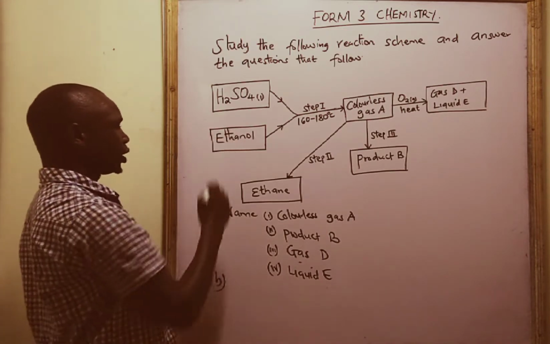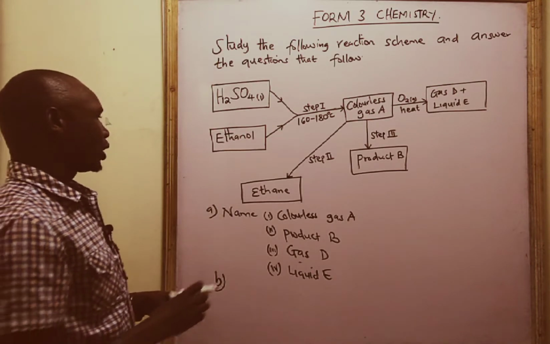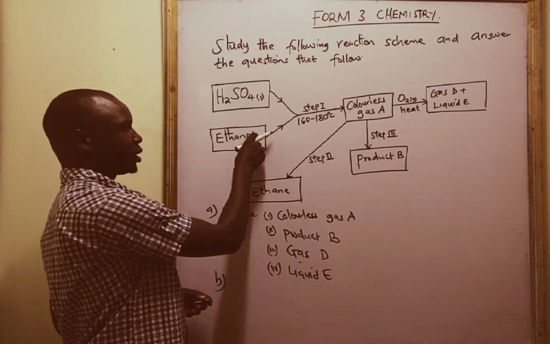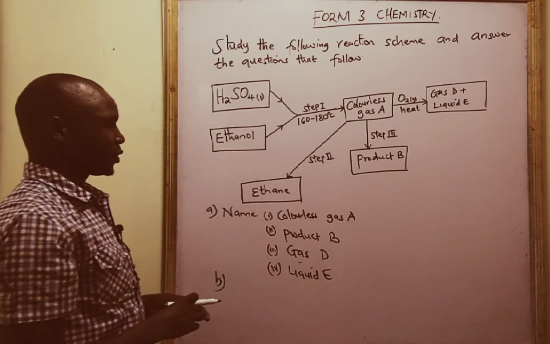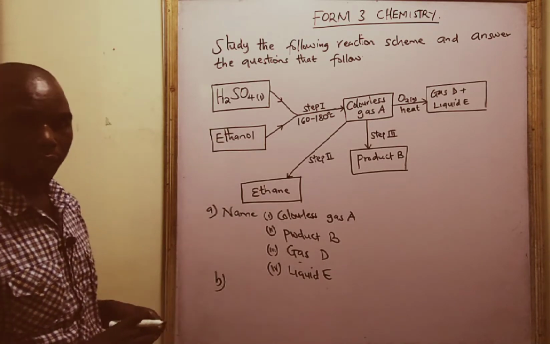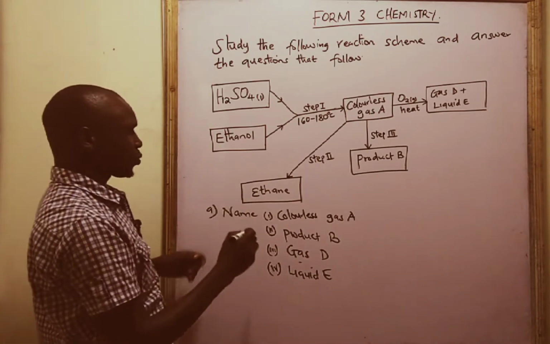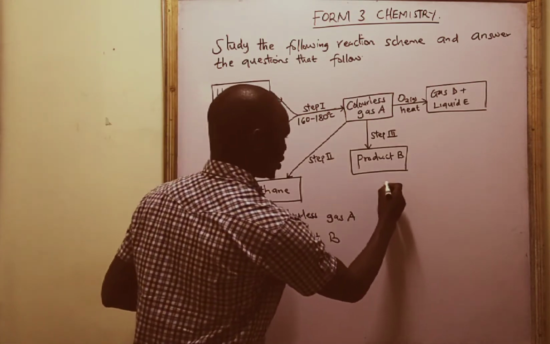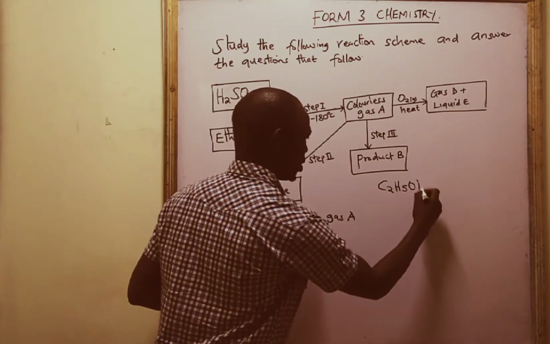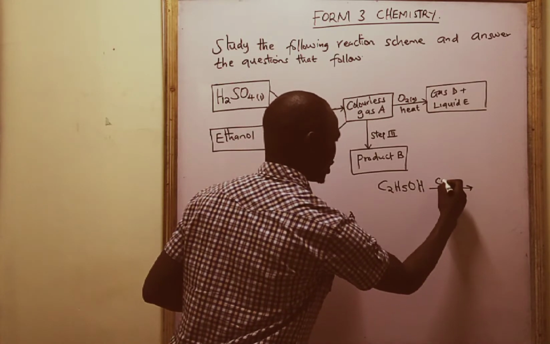So we are going to begin from concentrated sulfuric acid and ethanol, and we know if you have an alkanol and concentrated sulfuric acid, that is the part which examines the preparation of alkenes. In this case, we have ethanol, which is C2H5OH in the presence of concentrated sulfuric acid.